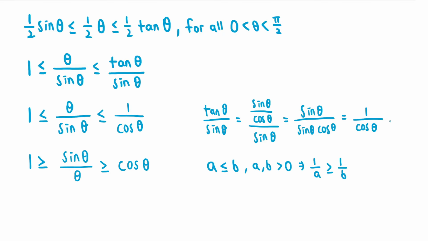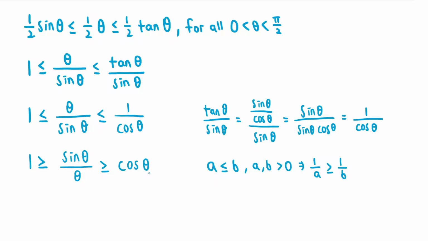Since we want sine of theta over theta instead of theta over sine of theta in the middle part of the inequality, we should take the reciprocal of all sides of the inequality. The reciprocal of 1 is still 1, so the first part of the inequality stays the same. Theta over sine of theta becomes sine of theta over theta, and the reciprocal of 1 over cosine of theta is cosine of theta.